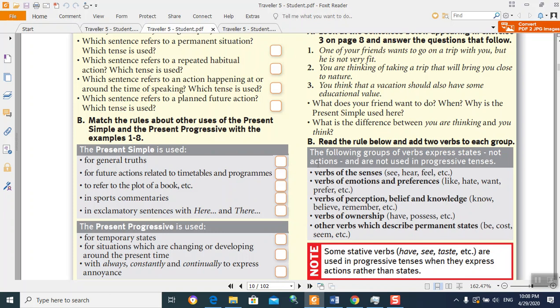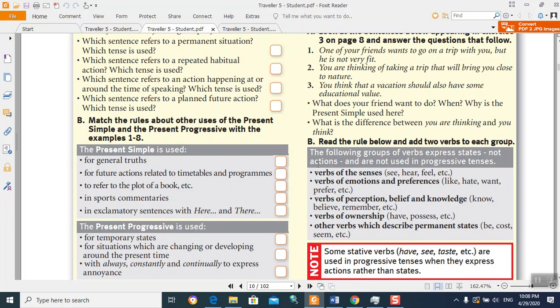Verbs of perception, belief, and knowledge, for example, know, believe, remember, etc. Also, verbs of ownership, mulkiya, like have, possess, own, I own my car. You can't use the progressive in these. And the last one, other verbs which describe permanent states, like the verbs be, cost, seem. You can also add them to the list.